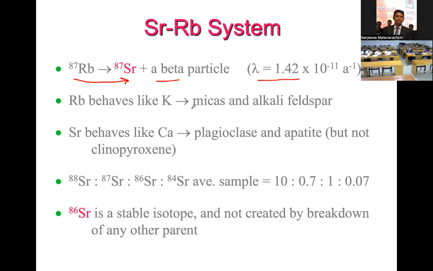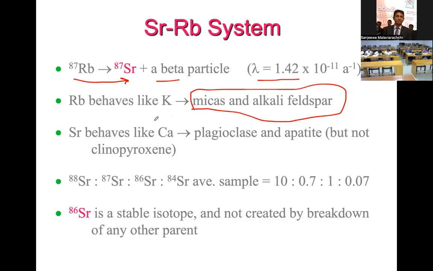In the case of rubidium and also potassium, they are more or less preferentially partitioned into micas and alkali feldspars in most of the rocks. So these are the most available potassium and rubidium bearing minerals in rock systems, right? So potassium feldspar will definitely get potassium. Micas will definitely get both potassium and rubidium.